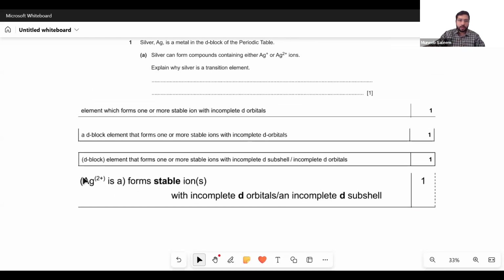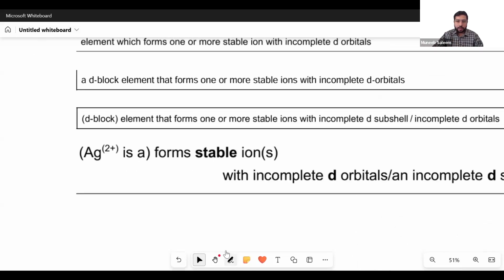You cannot write this for Ag+, because I have to write the electronic configuration for Ag+, and in that case the electronic configuration would have become 3d10 4s0. Now 3d10 is basically a complete d subshell.